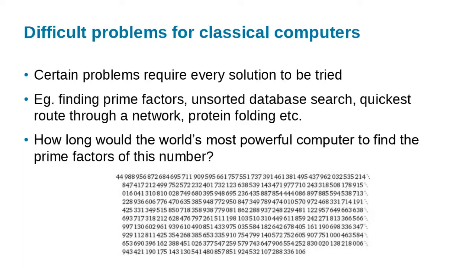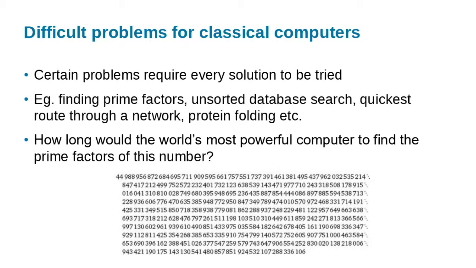But there are some problems for classical computers that are really difficult. So there's certain problems that require every solution to be tried. So, for example, finding the prime factors of a large number, or searching an unsorted database, or finding the quickest route through a network, or protein folding problems.